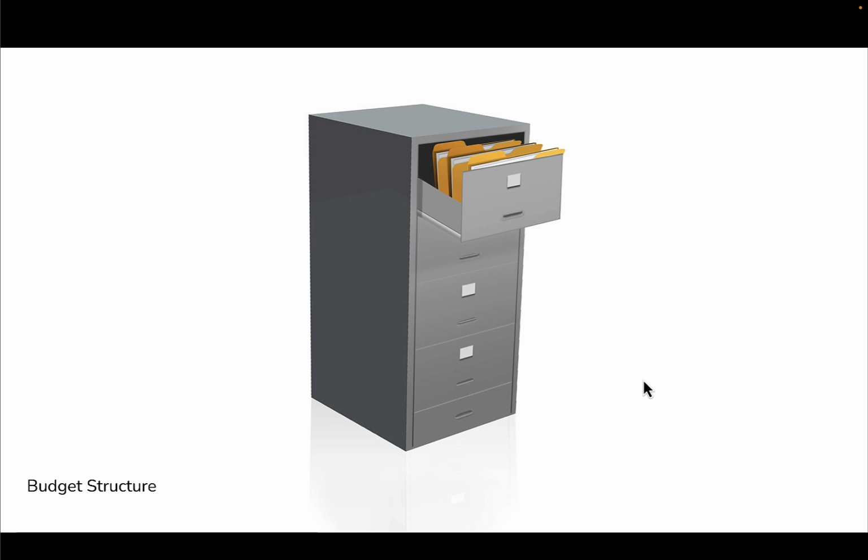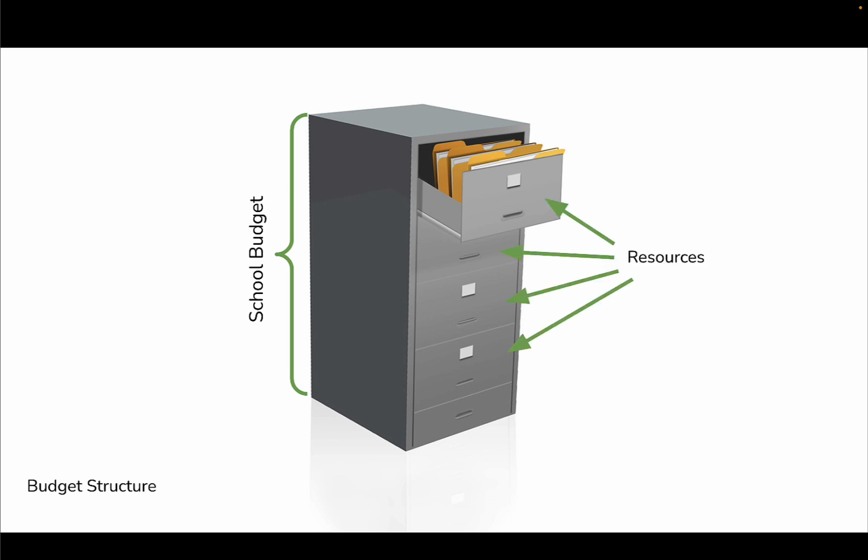So now, when we build a budget, we think about it like a filing cabinet. Okay, so you can picture this filing cabinet has that top drawer pulled out, and inside there are several hanging files with papers inside. So the cabinet is like the full school budget. Each drawer is like a different resource.